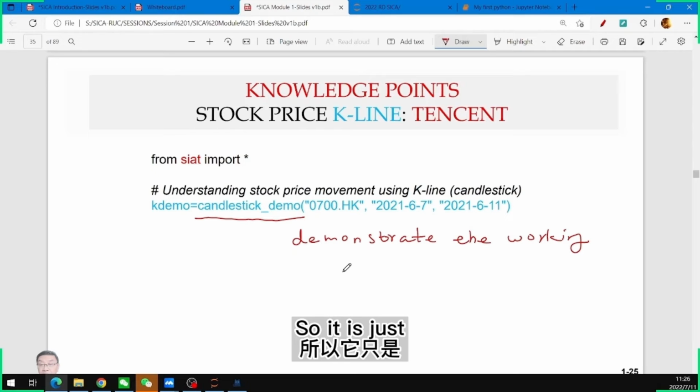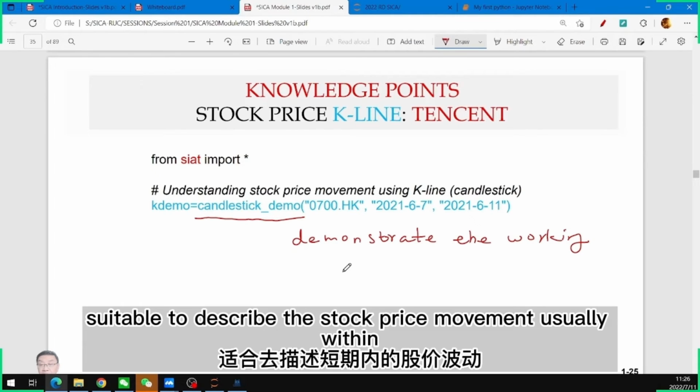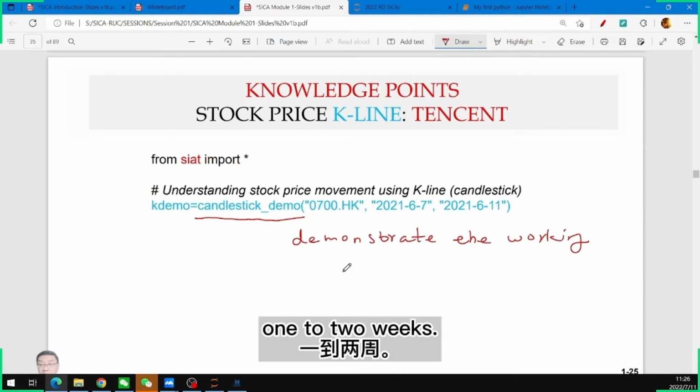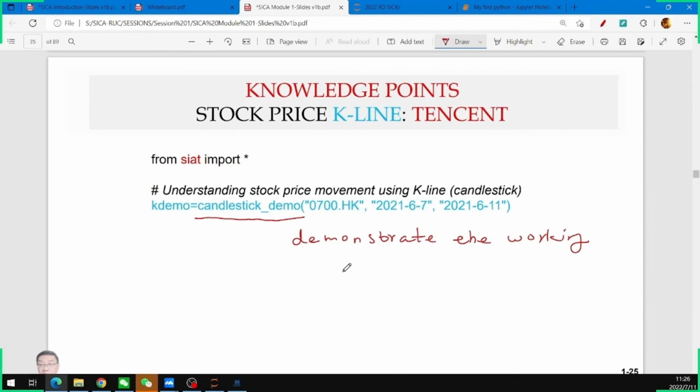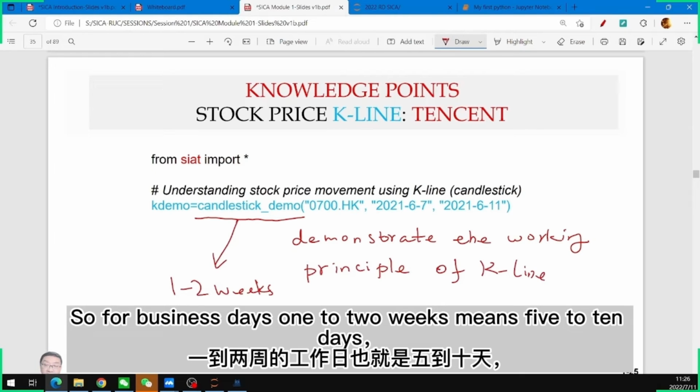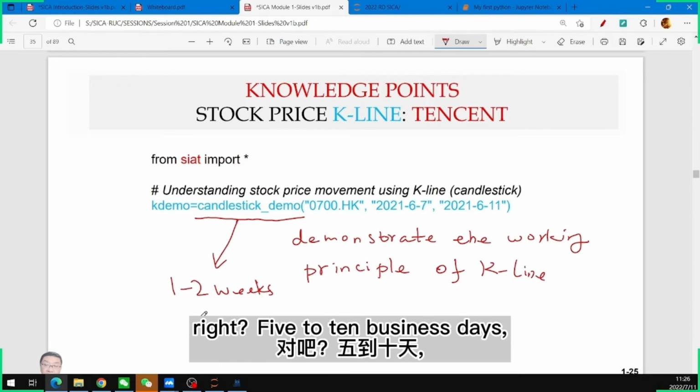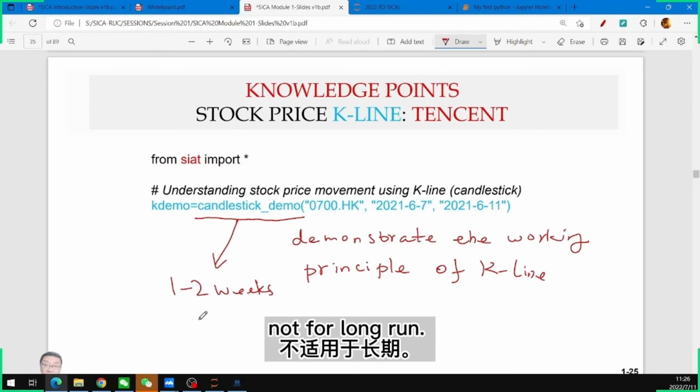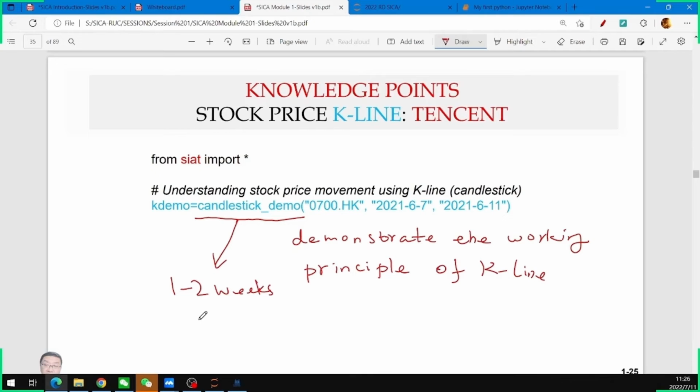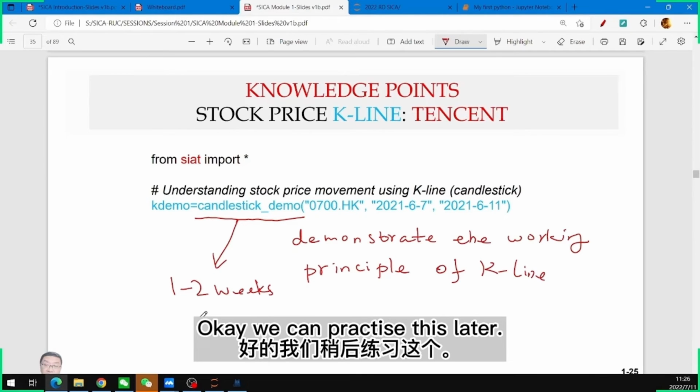It is just suitable to describe the stock price movement usually within 1 to 2 weeks. For business days, 1 to 2 weeks means 5 to 10 business days, right? Not for the long run. Okay, we can practice this later.